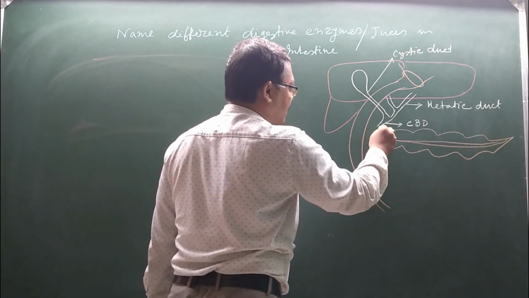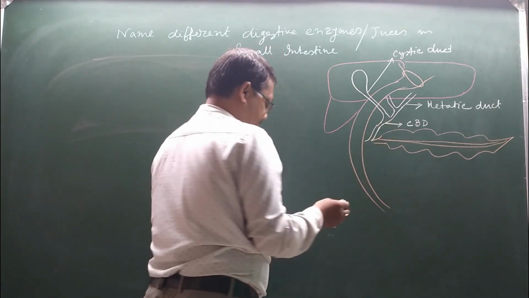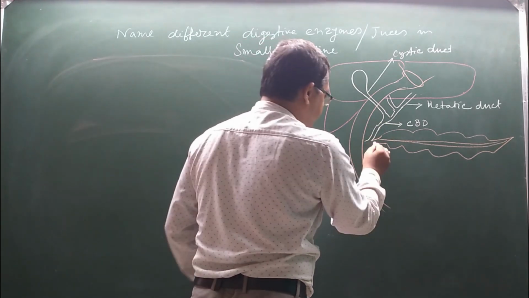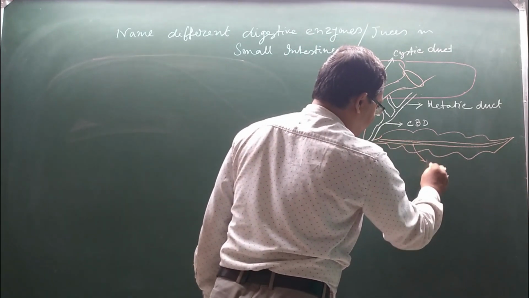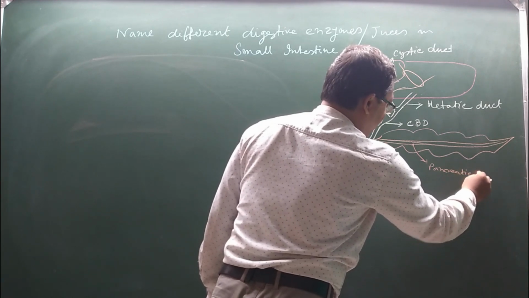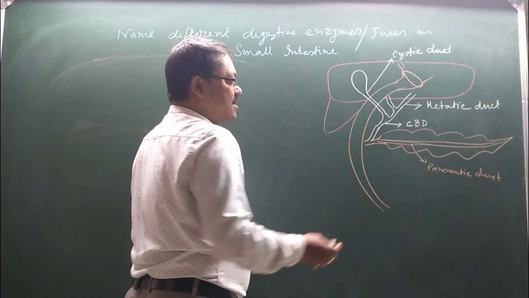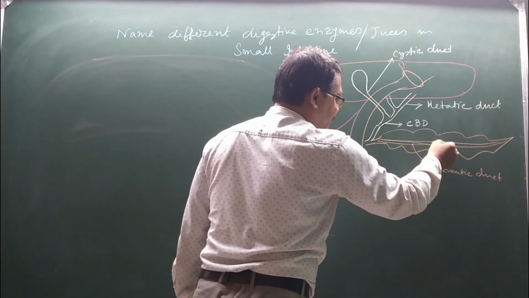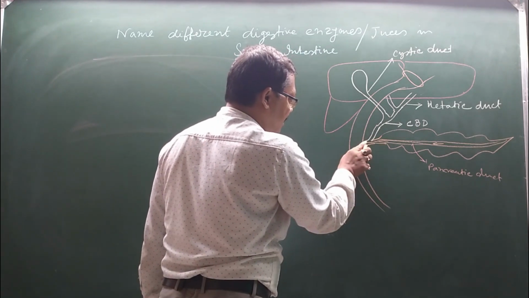This common bile duct unites with the pancreatic duct. Through the pancreatic duct, pancreatic juice comes and is poured into the duodenum.